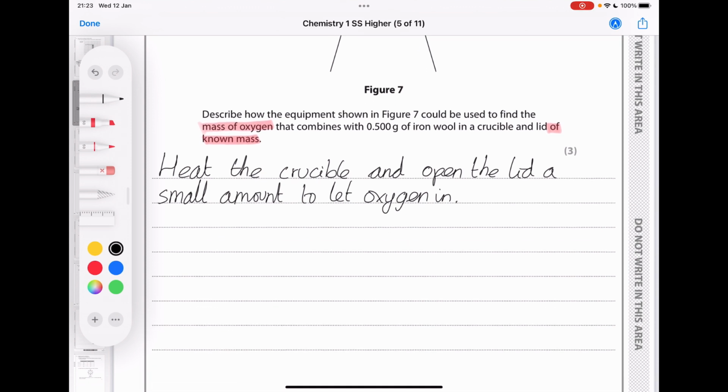Other points we should then say. We need to find the mass or weigh the crucible, lid and iron oxide.